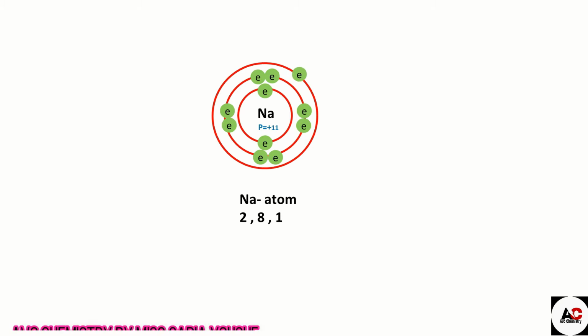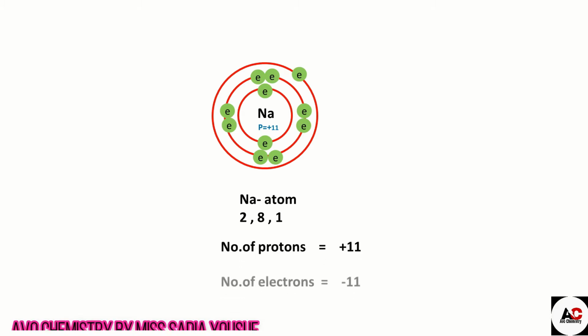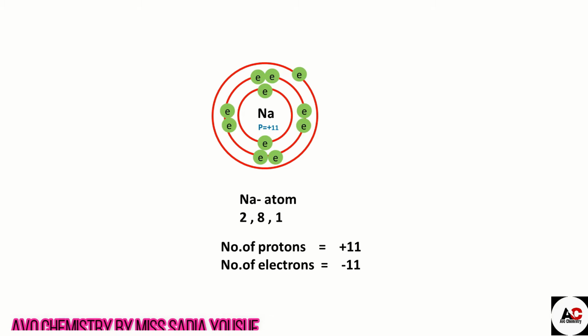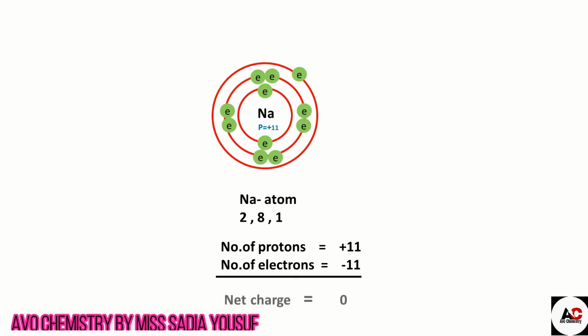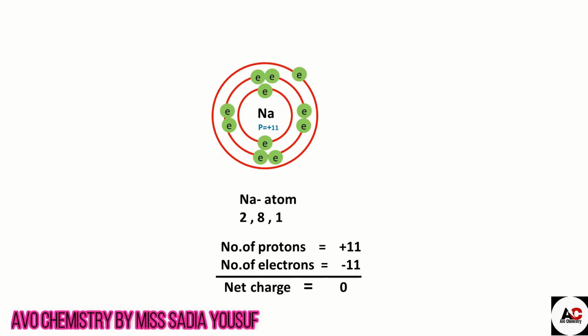As you can see, in this condition the number of protons is 11 and the number of electrons is also 11 but with negative charge. So net electric charge is 0. But the question is, how does sodium atom get stability?